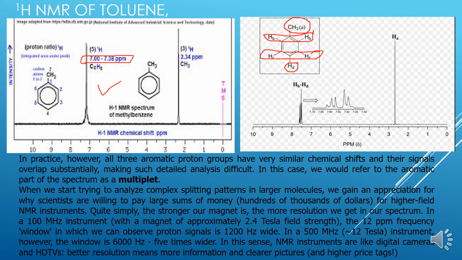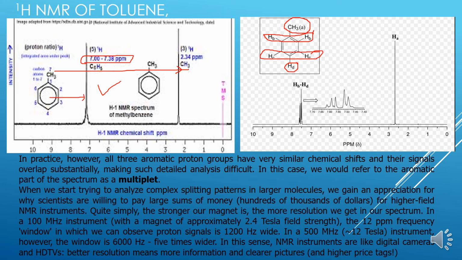The methyl protons in the toluene molecule are not coupled with the aromatic protons. Therefore, we get a singlet here, one for the methyl group and another for the aromatic protons.